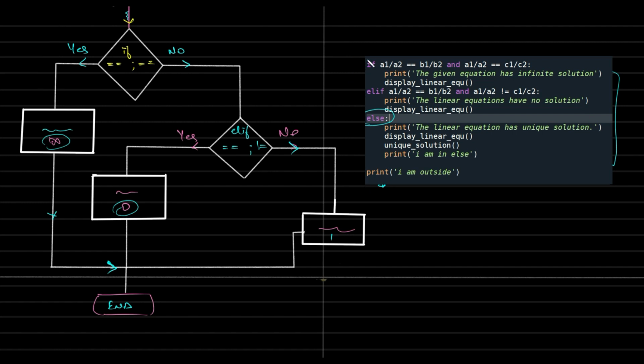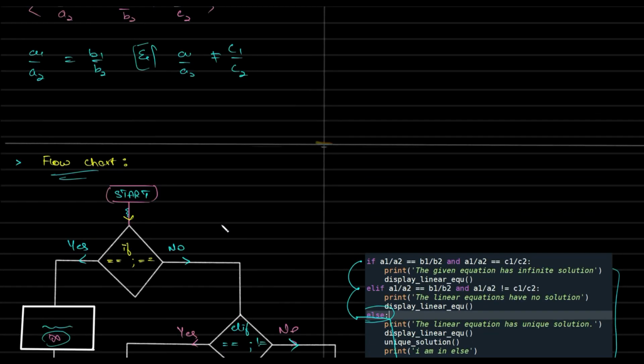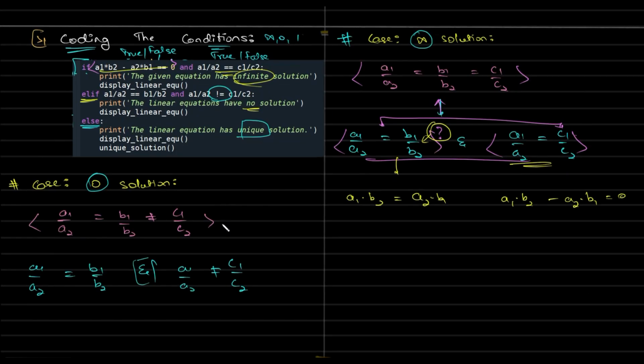It will check this condition, then no, then it will go to this, execute, and continue with the execution. So that's how it works. I hope I helped you guys with understanding the condition a lot better, and some aspects of coding as well.